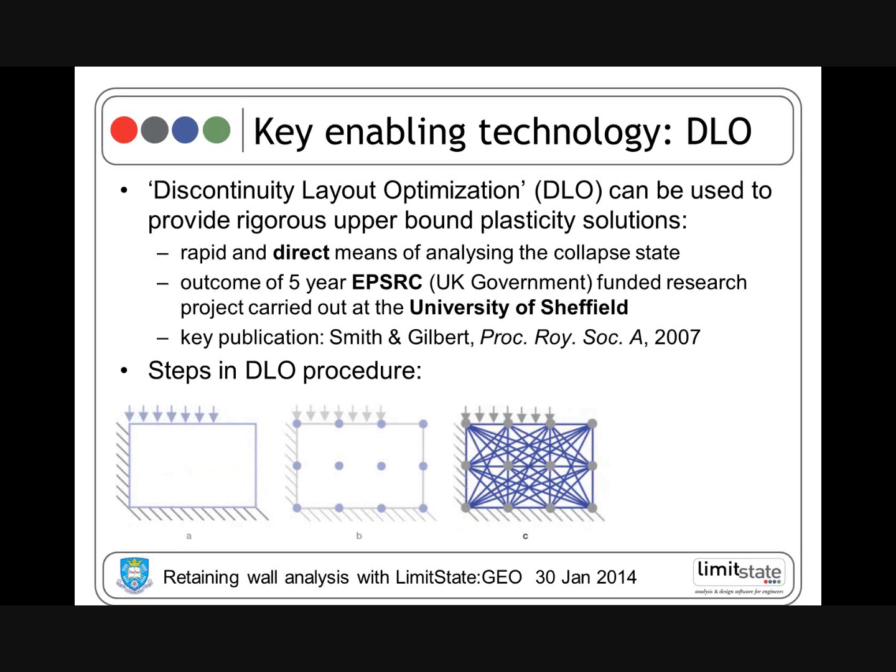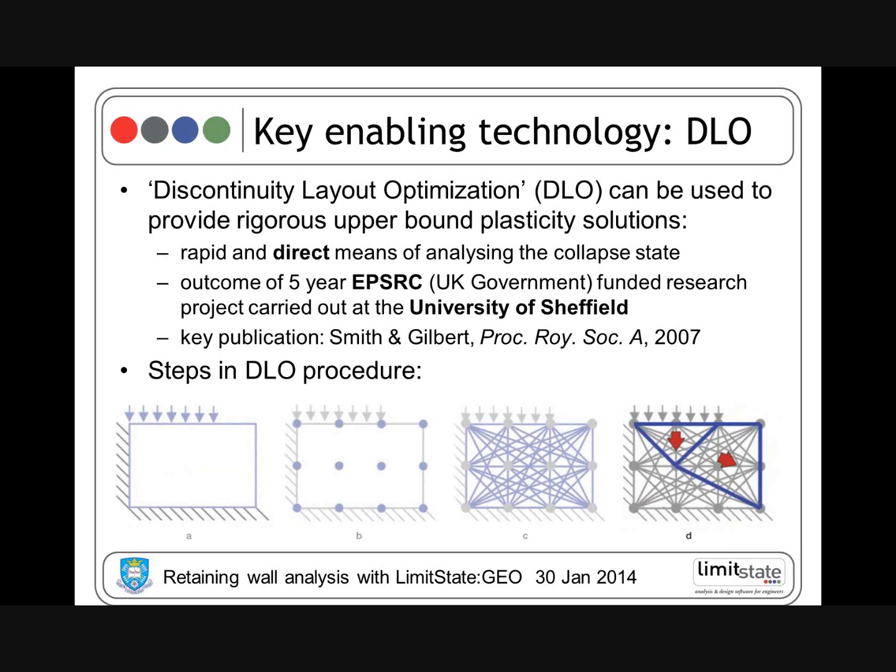We connect every node to every other node with a potential slip line, and then we use optimization to pick out of that set of slip lines the set that gives you the critical mechanism, which in this case is a fairly simple 2-block sliding mechanism. We started off with 12 nodes, which will give us 12 times 11, 132 potential slip lines, and out of that we can find this mechanism.